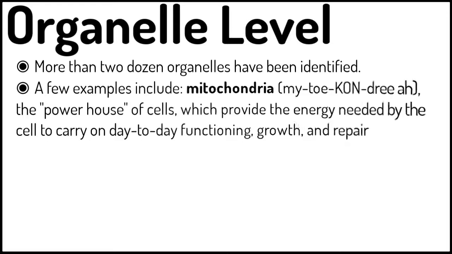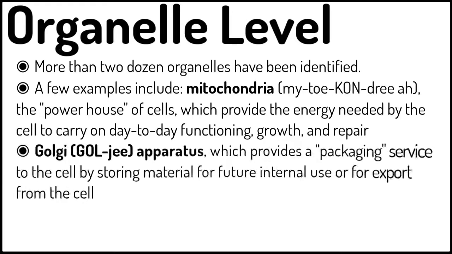A few examples include, number 1, mitochondria, the powerhouse of the cell, which provides the energy needed by the cell to carry on day-to-day functioning, growth, and repair. Number 2, Golgi apparatus, which provides a packaging service to the cell by storing material for future internal use or for export from the cell.